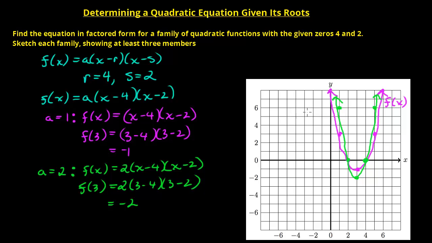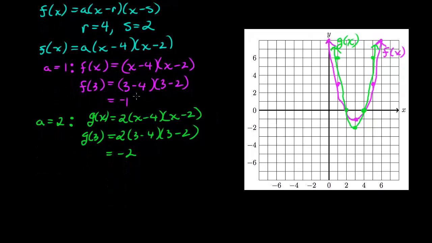And let's change the name of this function to be g of x. And this would be g of 3. So now we can graph f of x, and then we'll graph g of x as well. So there's 2 members. Now we've got to graph one more member.